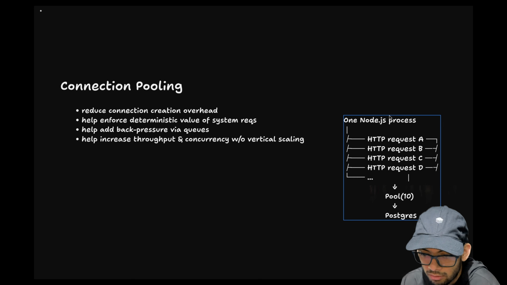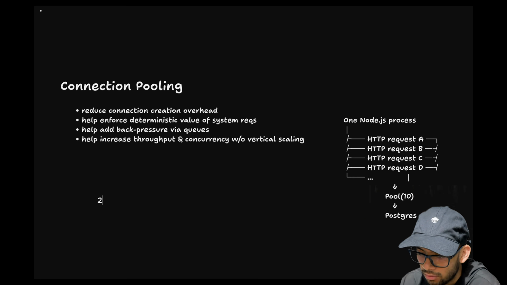So here you can see an approximate view of this system. We have one Node.js process with multiple HTTP requests coming in, but we have a pool of 10. So all these requests can actually share this pool of 10 DB connections that are maintained. So you can imagine if you have 20 connection requests, the first 1 to 10 can get direct connections, and the remaining 11 to 20 can get queued.